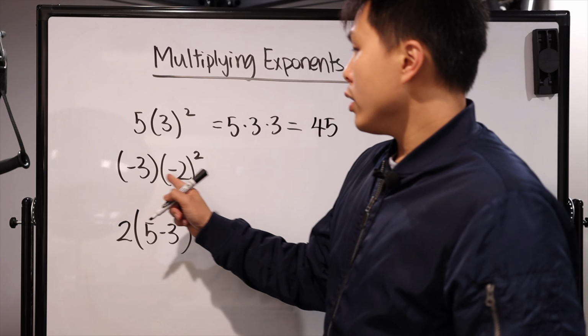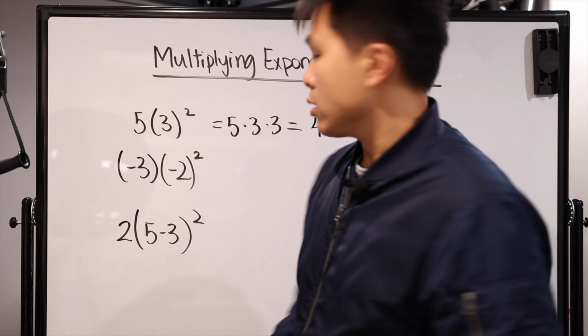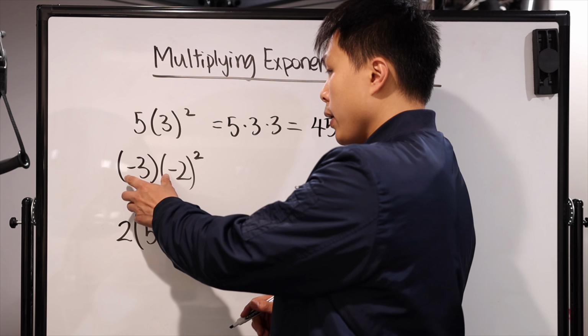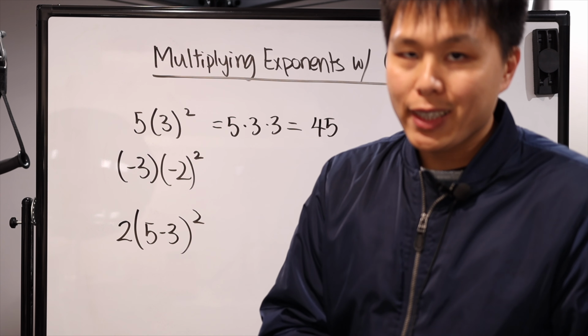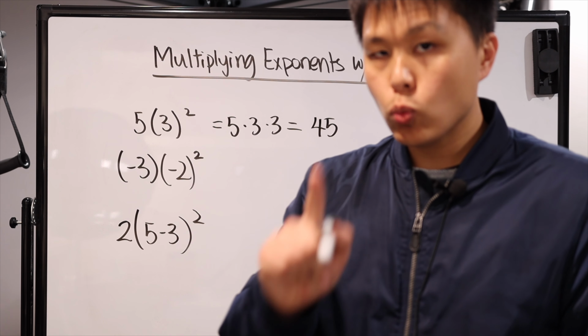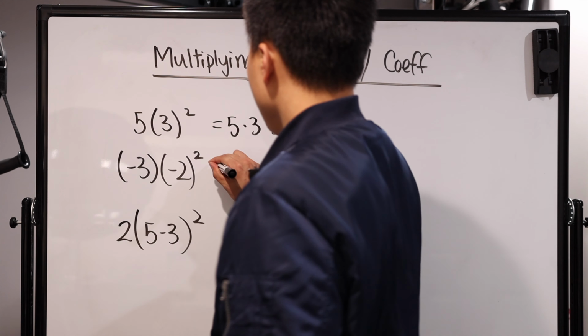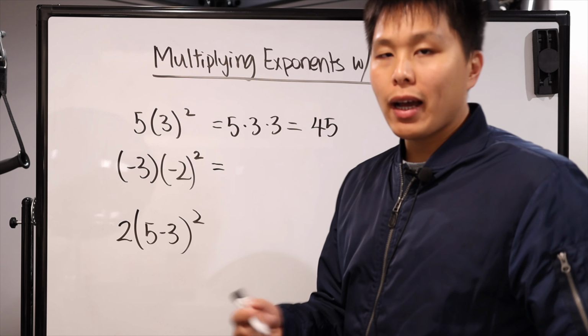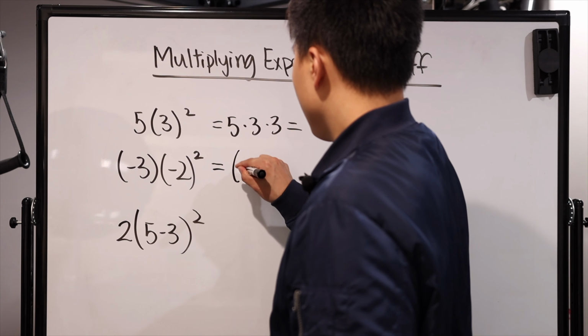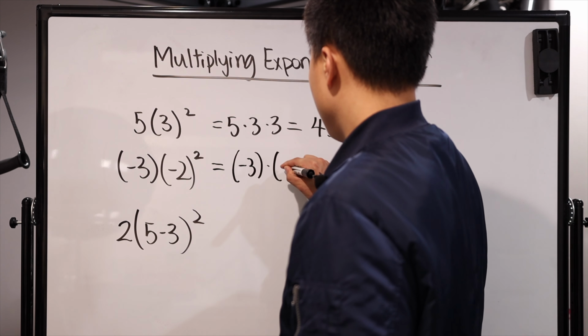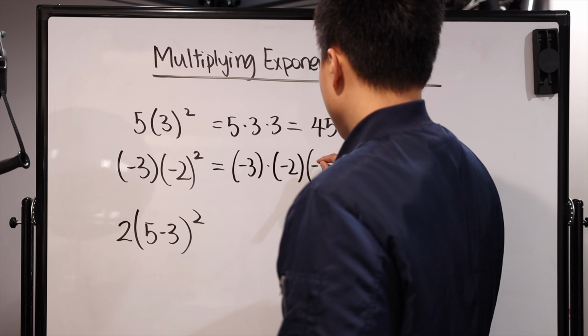This next one is where people commonly make mistakes. They see an exponent and think, oh, I see 2 negatives and I immediately cancel out the negative. It doesn't work that way. If you write it all out, you'll realize why it's a mistake. You have -3 times -2 times -2.